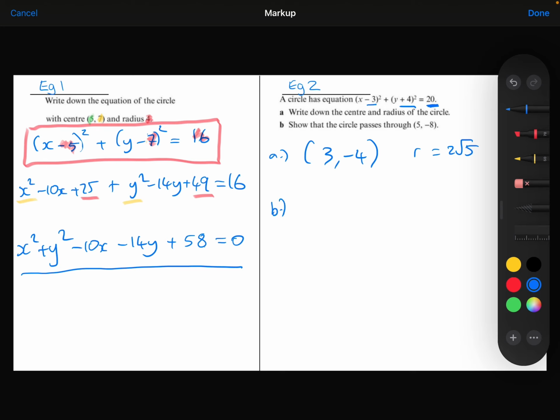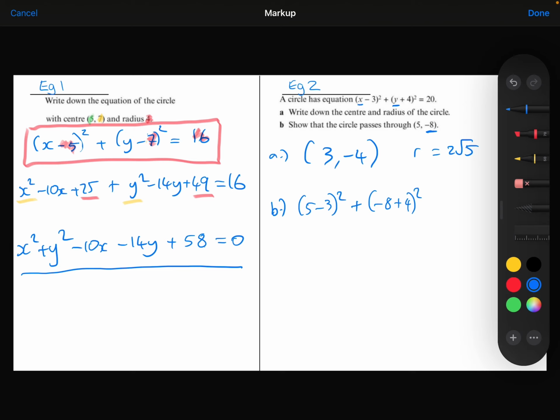Part B says to show that the circle passes through the point (5, minus 8). So, if I substitute the x-coordinate of 5 in here, and then substitute the y-coordinate of minus 8 in, and if I get 20, then this point is on the line.